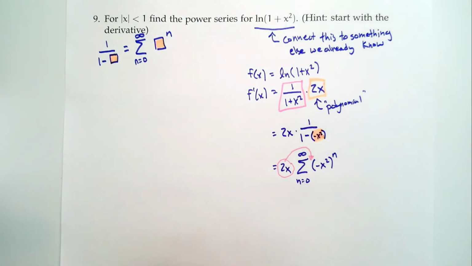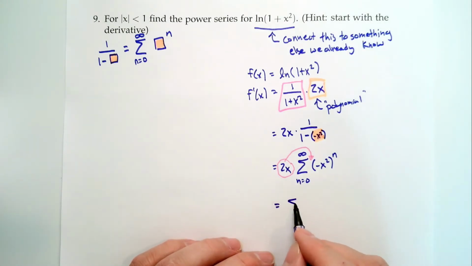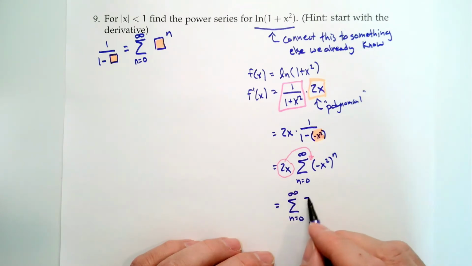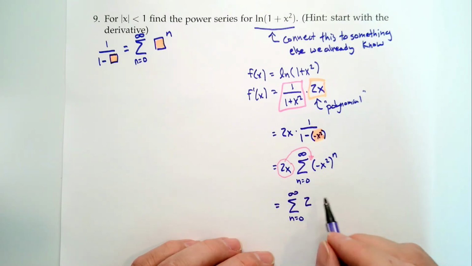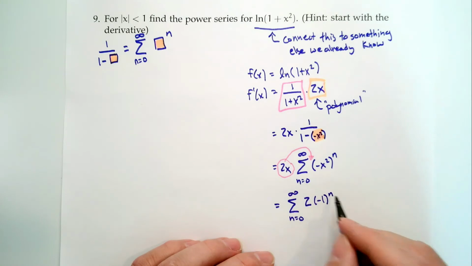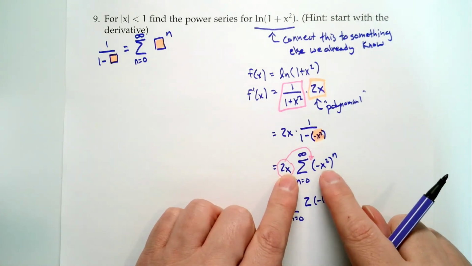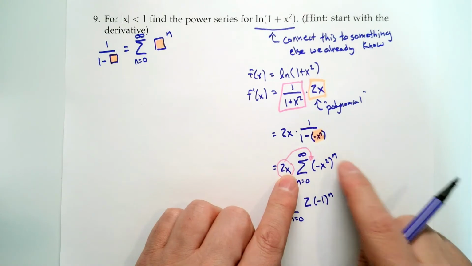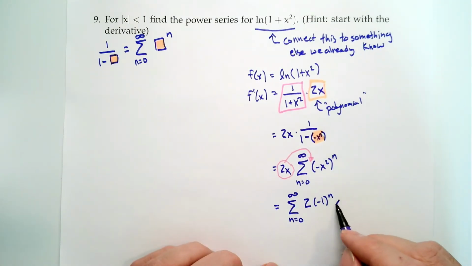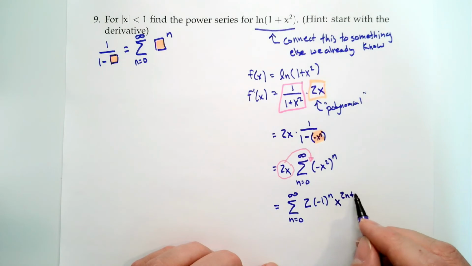So if we do that, what do we have? This will be the sum, n equals 0 to infinity. There's a 2, and I'm going to break this up. There'll be a negative 1 to the n. Then I have a single x, and now I have an x to the 2n, because I multiply those exponents together. So that's x to the 2n plus 1.